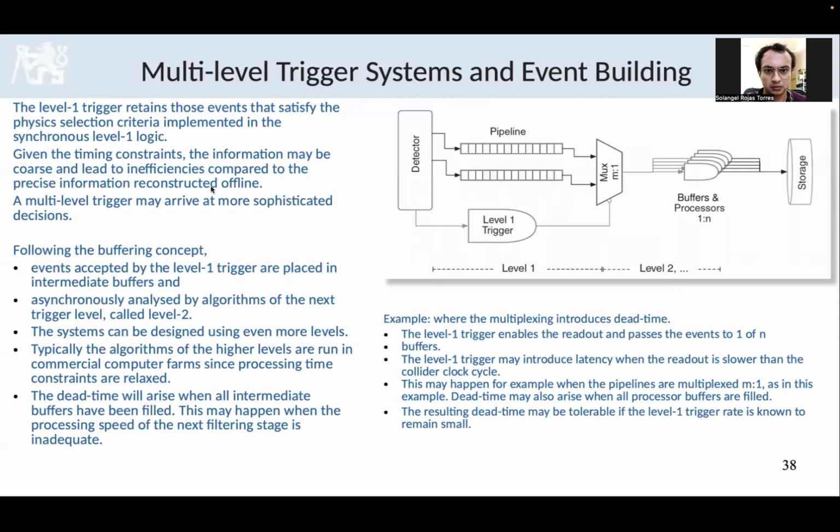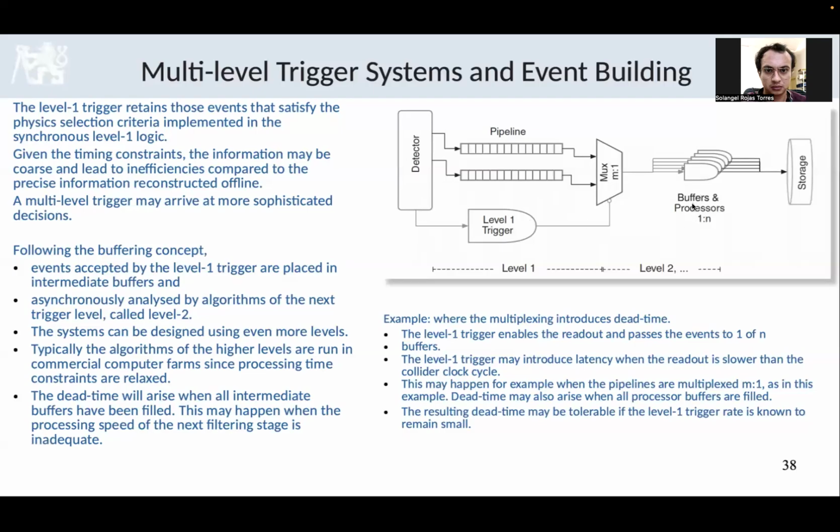This first trigger has to be synchronous, and this second level can be asynchronous. They don't necessarily need to be synchronous with the interaction from the experiment. Normally this is not that precise. It's a very rough estimation of some trigger pattern.